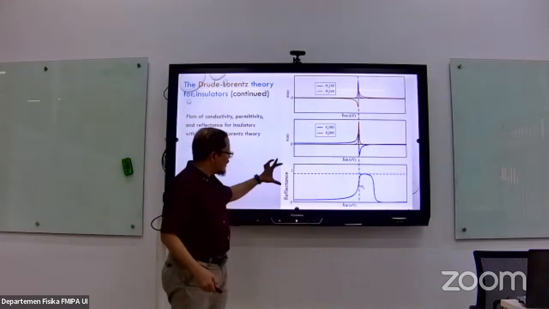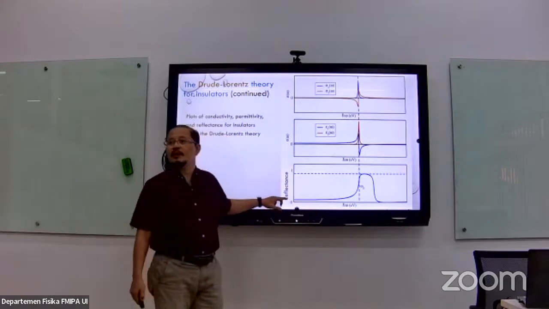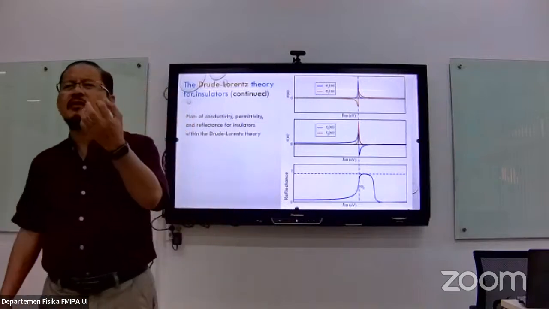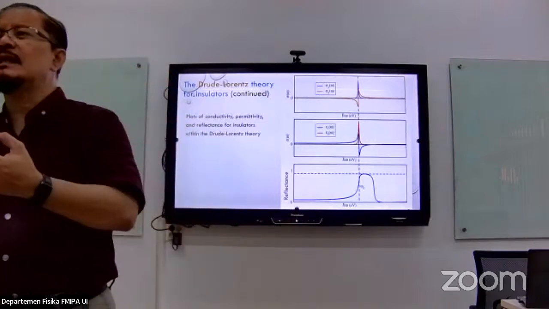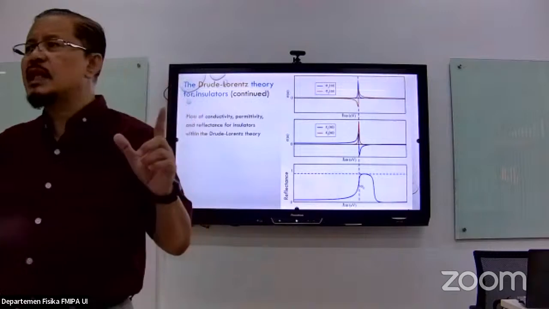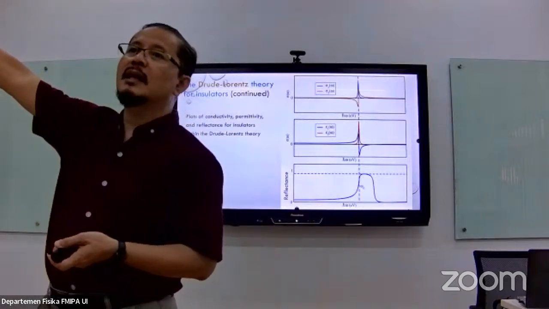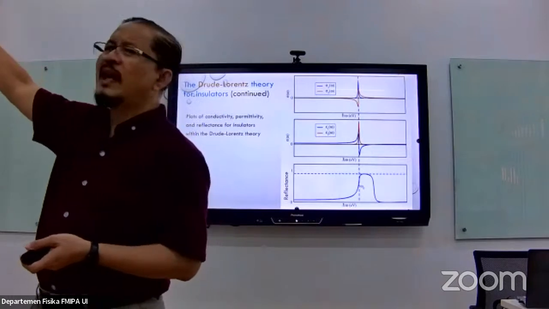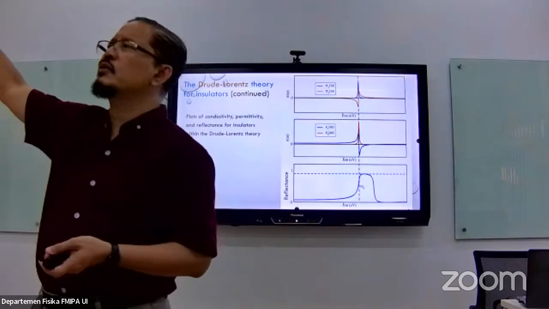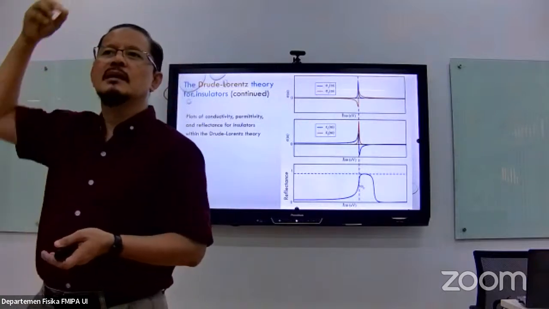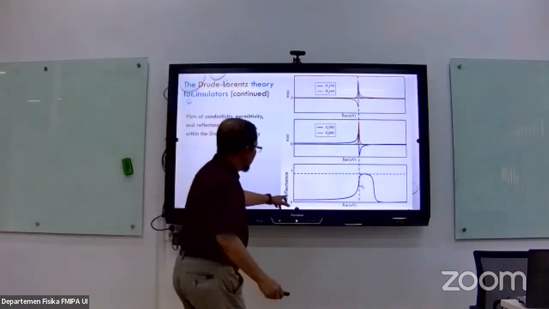And in this region, the reflectance value is very small, indicating that only a little amount of light energy is reflected. It's not zero, but little. It reflects, but just a little bit. Most of the energy actually goes into the material.